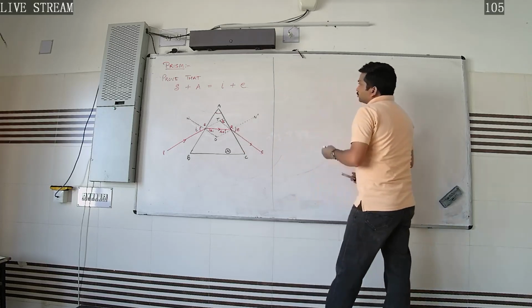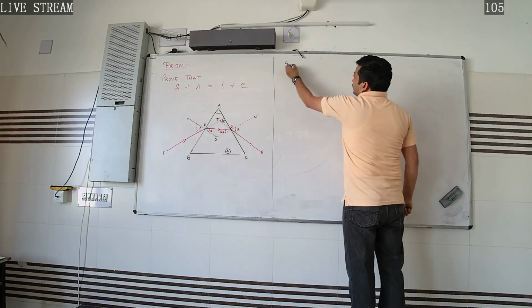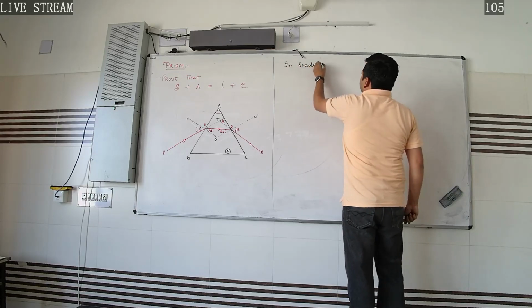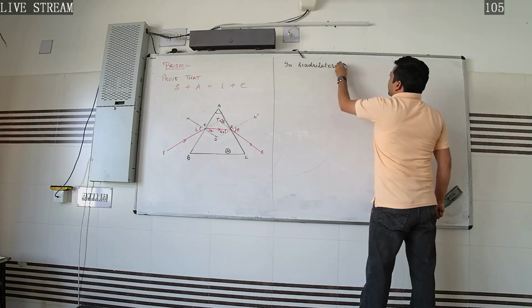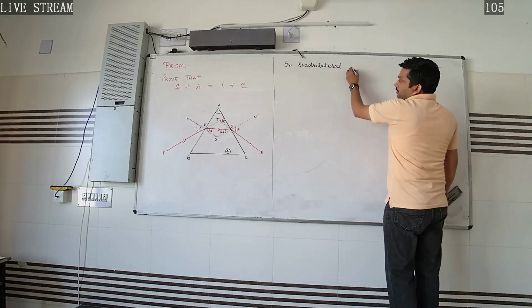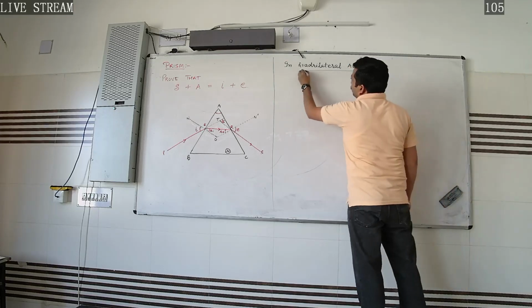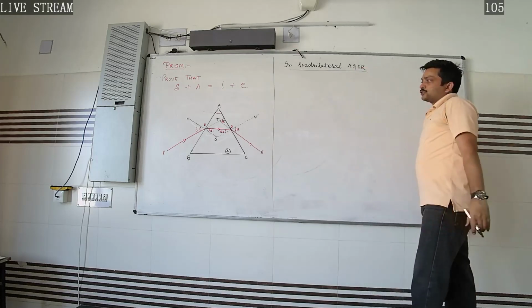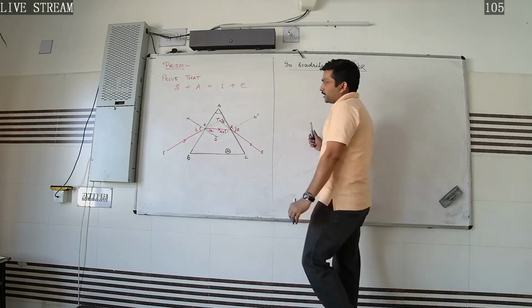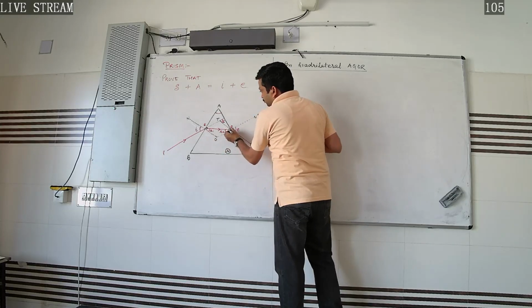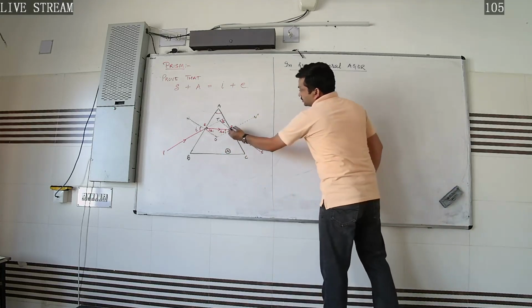Okay. Now first of all, I am writing here in quadrilateral AQOR, what we have. As you know that sum of the four angles of a quadrilateral is found to be 360 degrees.